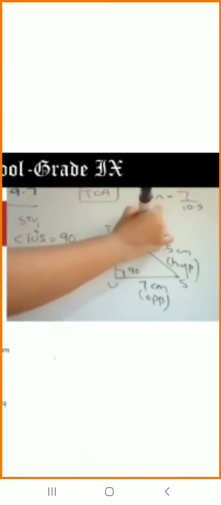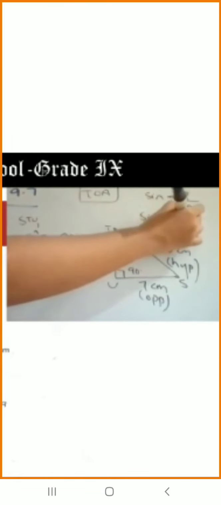So you can write sine is equal to opposite, that is 7 upon hypotenuse, that is 10.5. So sine T is equal to 7 upon 10.5. To find the angle of T, you will apply sine inverse. So you can write T is equal to sine inverse 7 upon 10.5.